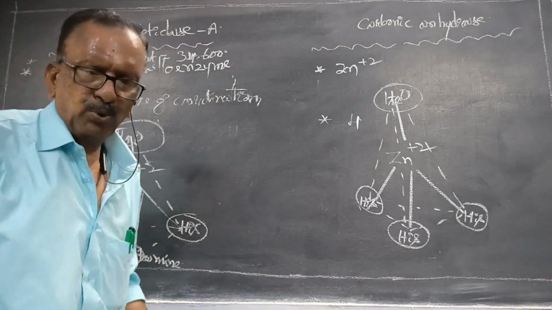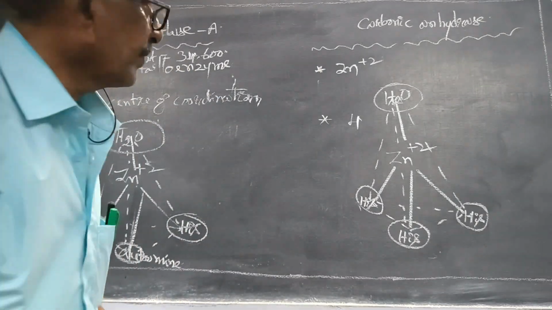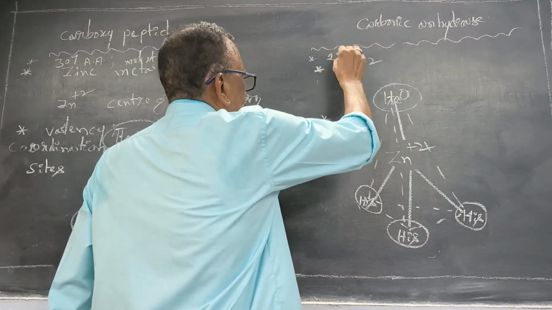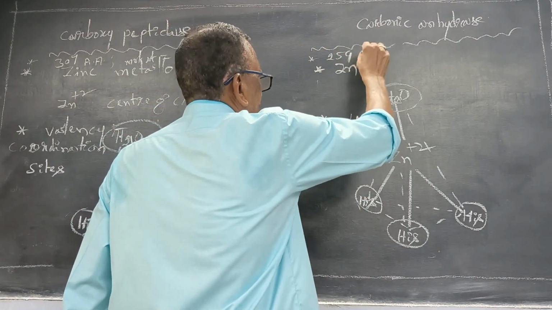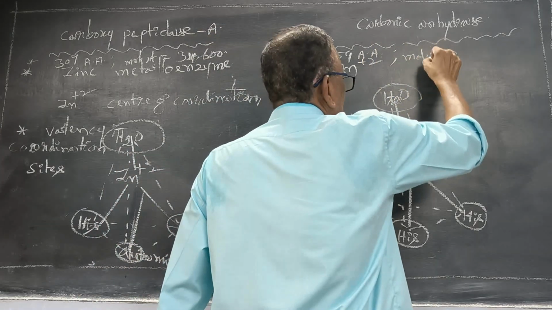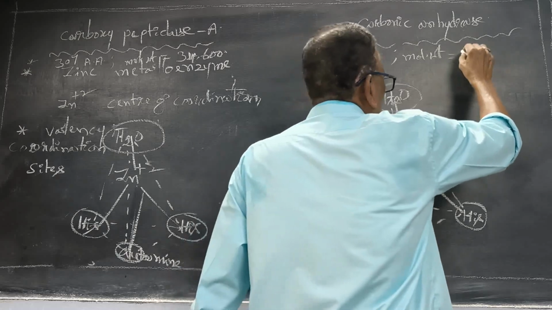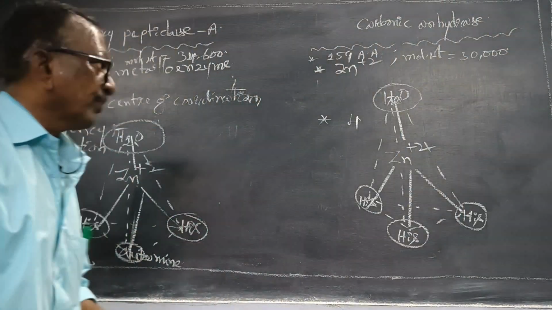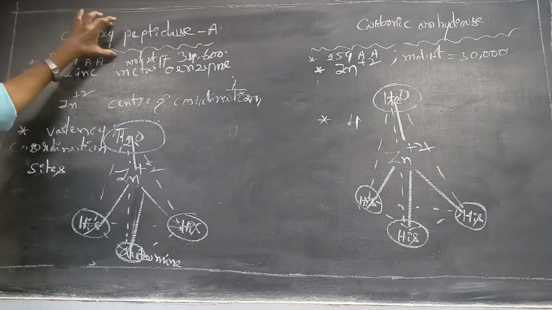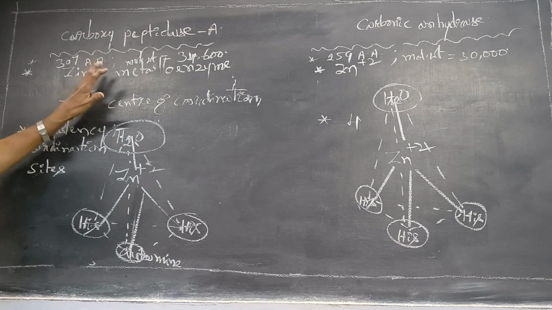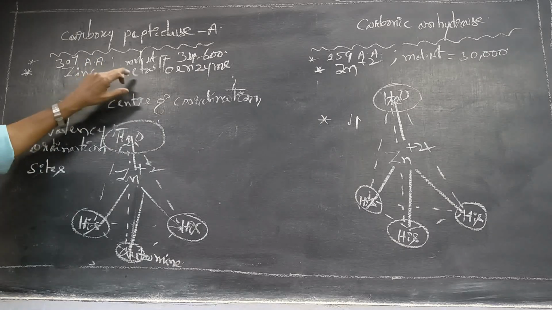What about carbonic anhydrase? This is having 259 amino acids and its molecular weight 30,000. Okay.